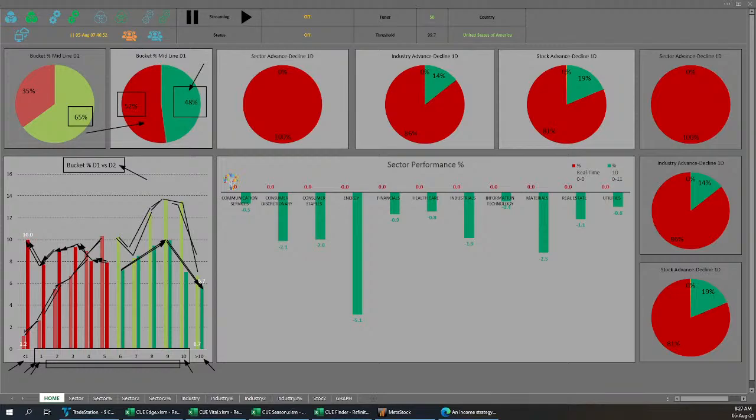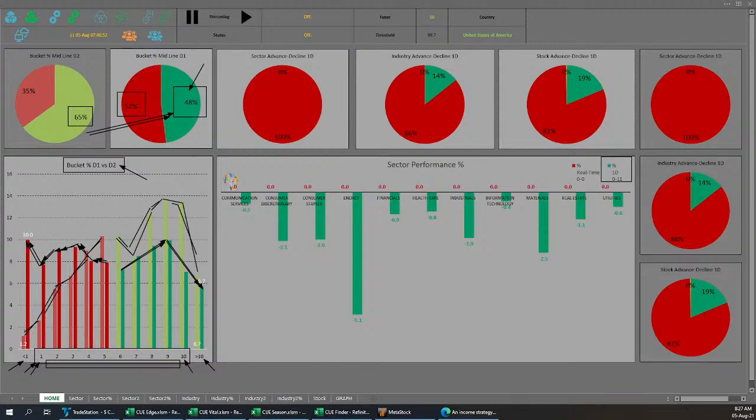So that was a significant drop from 65 to 48, a 17% drop, very close to 20, a little bit less than that, but that's a significant drop showing the weakness under the hood.